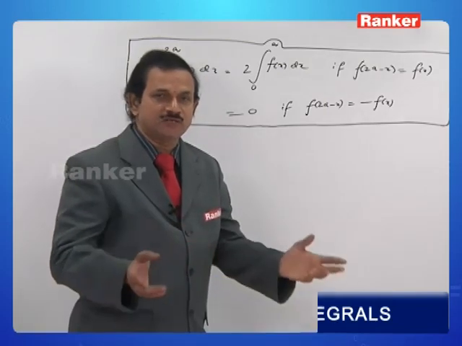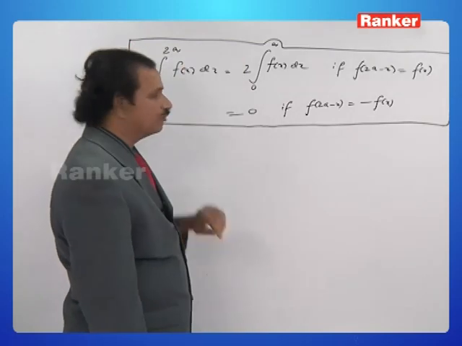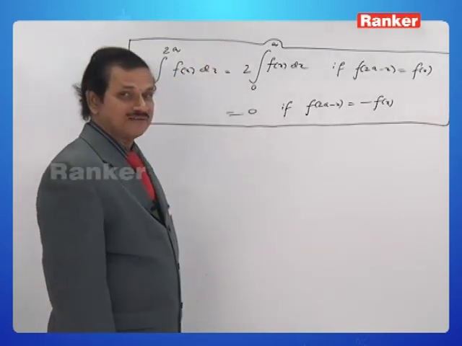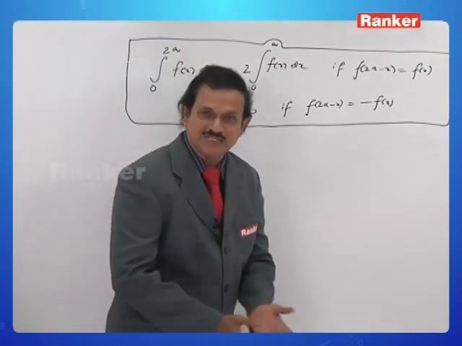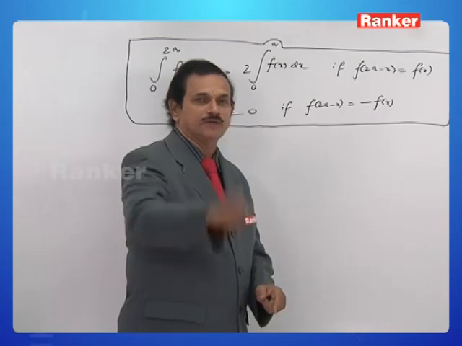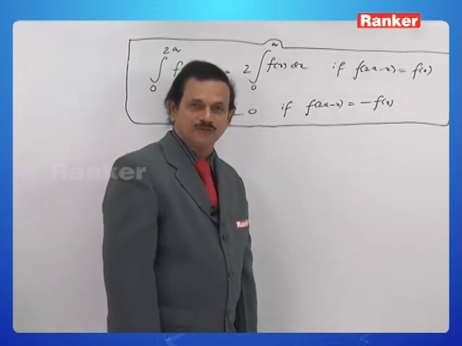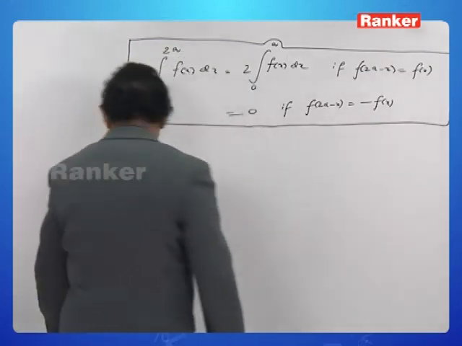If you could observe that there is no change at all, you can pull 2 out: 2 into integral 0 to a. If you observe a change such that f of upper limit minus x is equal to minus f of x, then you put the answer to be 0. Let us consider two such examples.